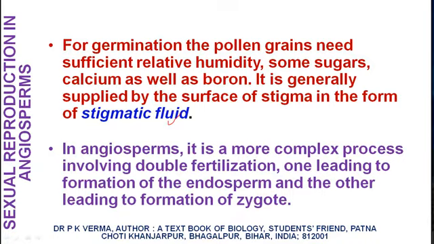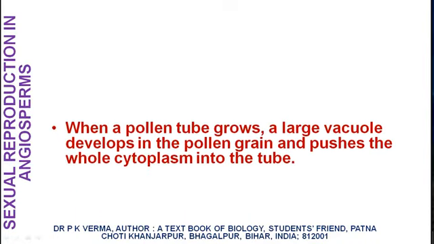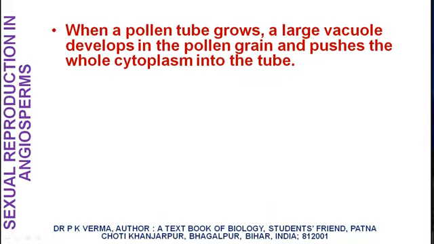Now, for germination, a large vacuole is formed inside the pollen grain, and it pushes the whole cytoplasm and the two nuclei into the pollen tube.